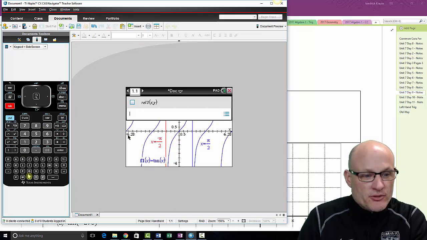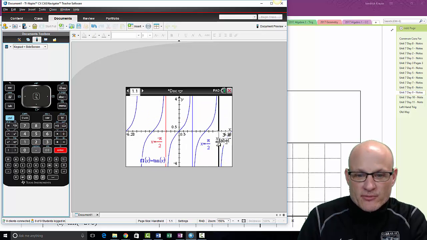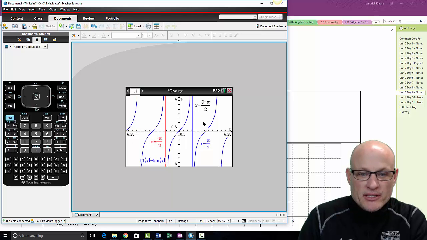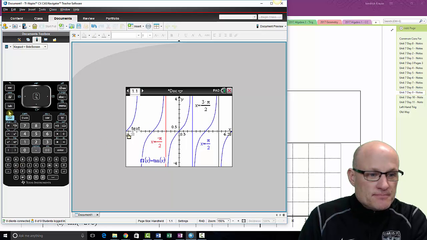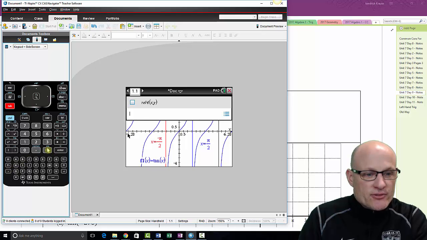Let me hit tab. How about 3 pi over 2? x equals 3 times pi divided by 2. Okay, and there's the other asymptote. And then the last one would be out here, tab, at x equals negative 3 times pi divided by 2.